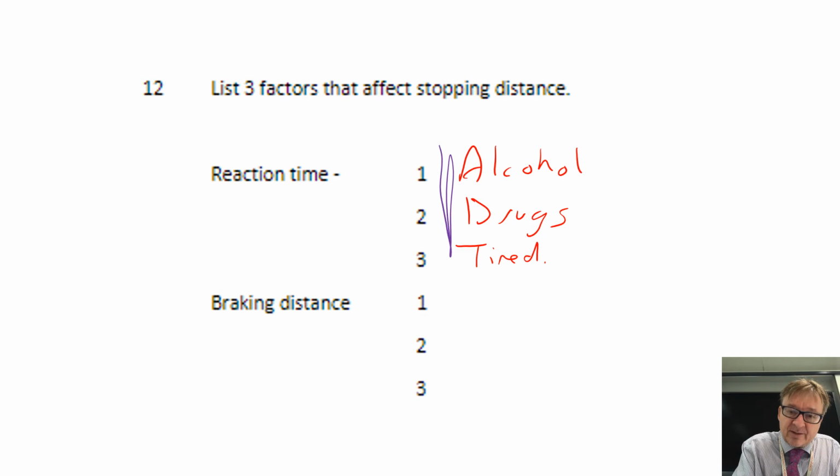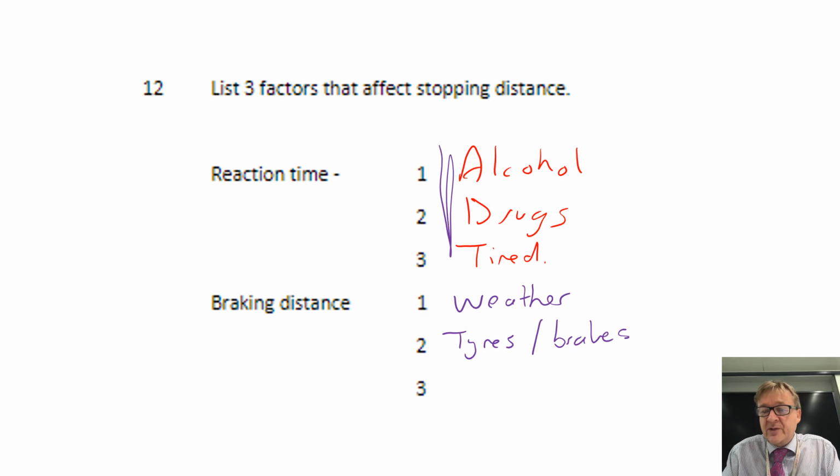The braking distance. Okay, this is when you put your foot on the brake, how long it actually takes you to stop. The weather: if it's raining, if it's icy, if it's hot. Tyres and brakes. Right? There's a good reason why you have an MOT.